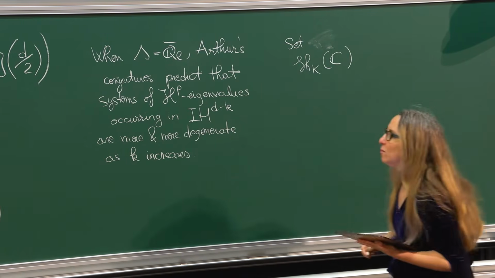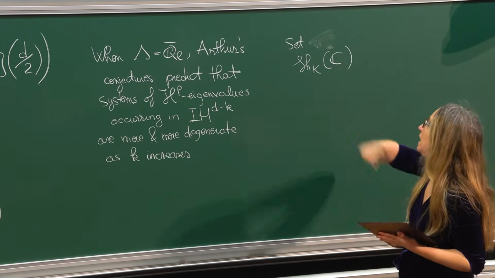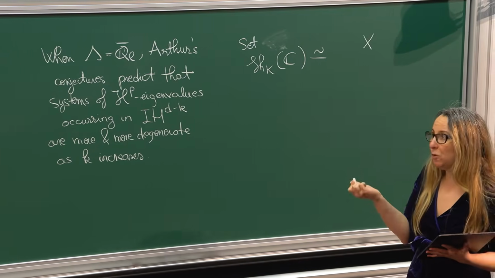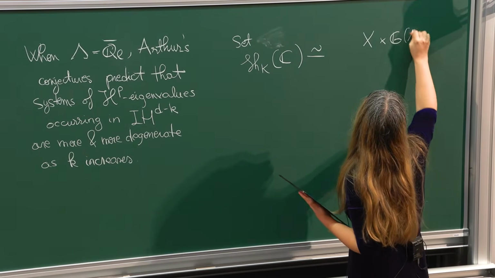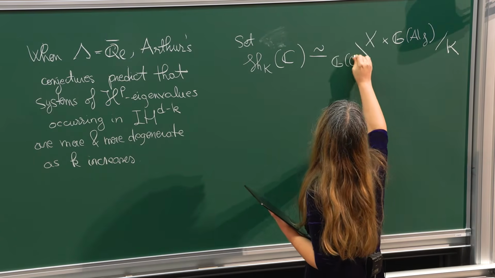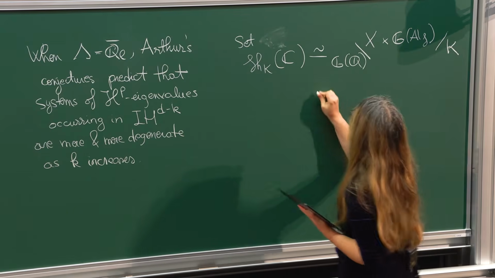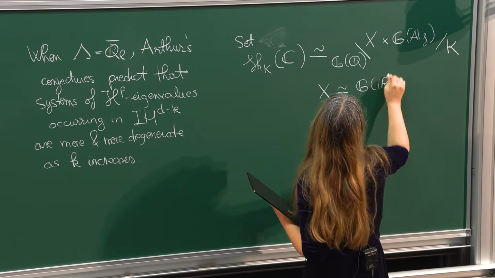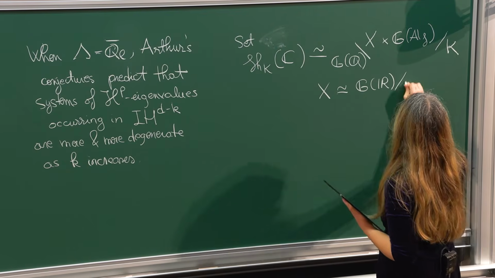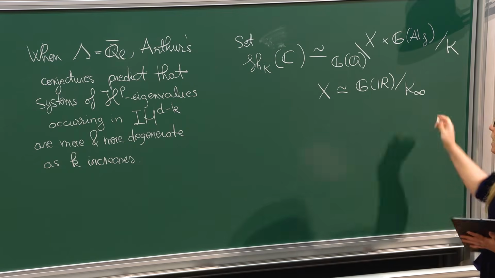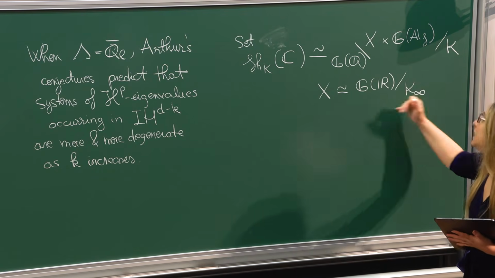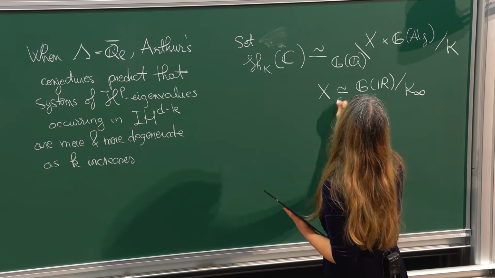So it's some smooth quasi-projective variety over this number field, but I embed it into C, and then this can be identified with a double quotient, where here I have the Hermitian symmetric domain that's part of the Shimura datum, cross G of A_F, quotiented out by the same K over there, and then quotiented out by G of Q. And this can be identified with the symmetric space, roughly the symmetric space for the real group G of R, quotiented out by a maximal compact subgroup, and then possibly also quotiented out by some split torus over R where you need to take that quotient to get something of finite volume. So I'll just say this is a symmetric space.